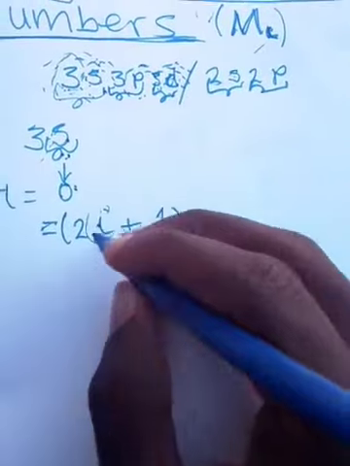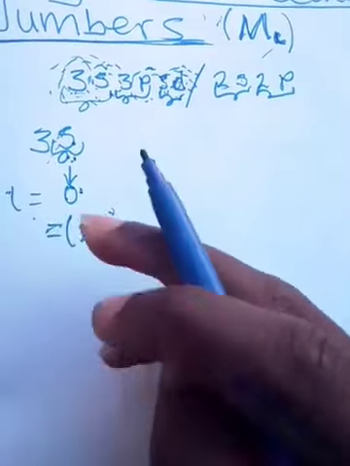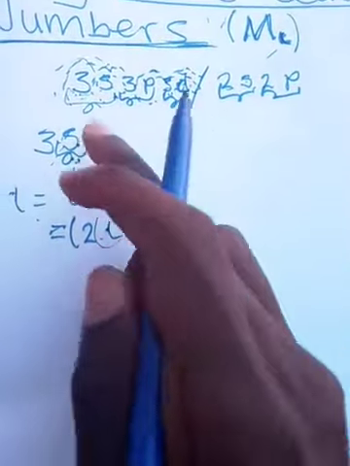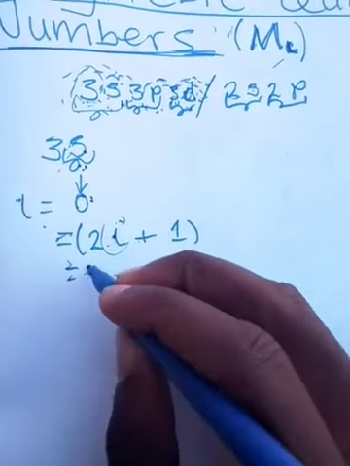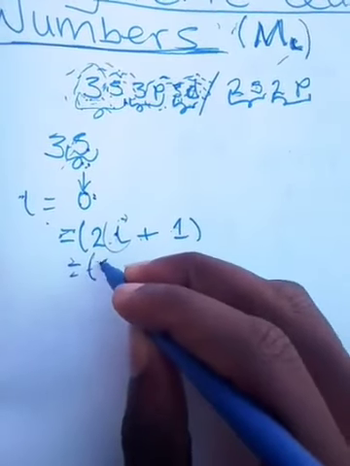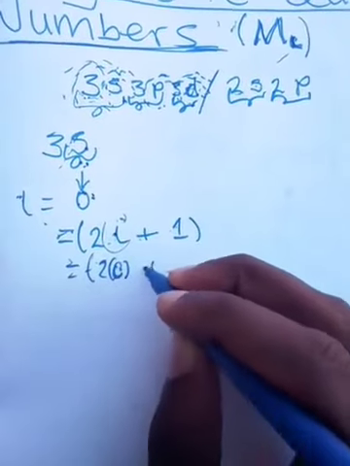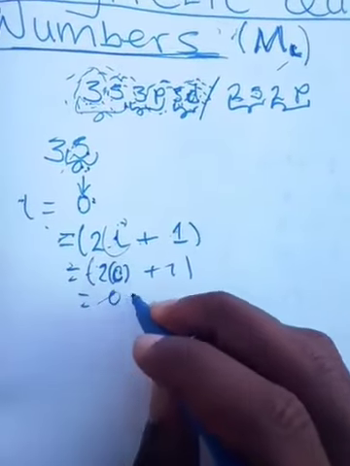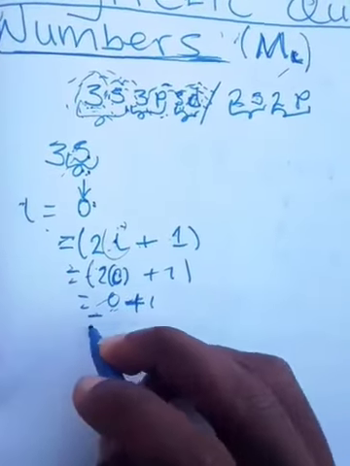So this formula is first of all to find how many orbitals we have. If I put 0 here, there will be 0 here, plus 1, and you're going to get 1.